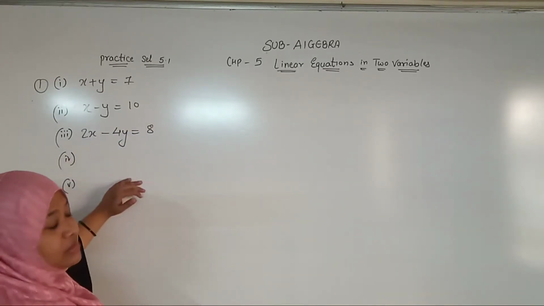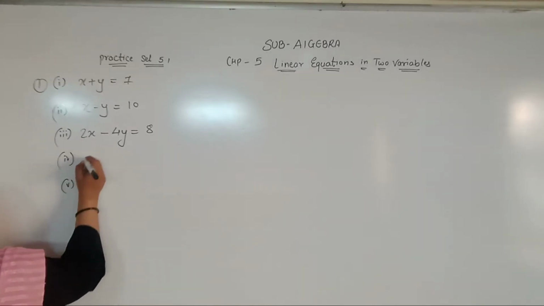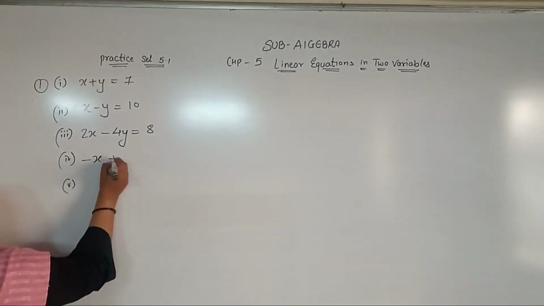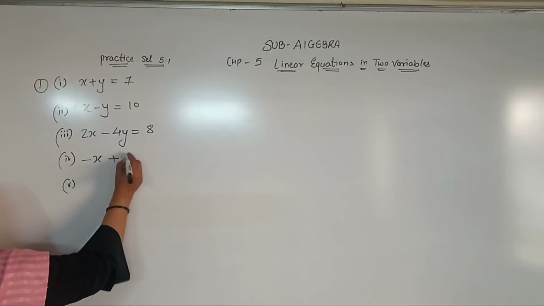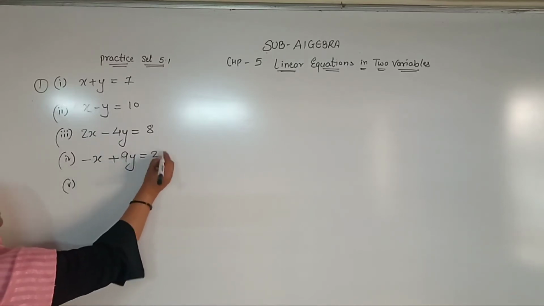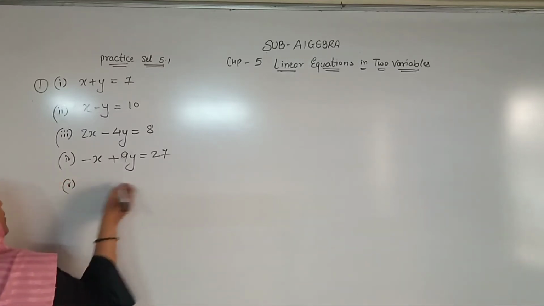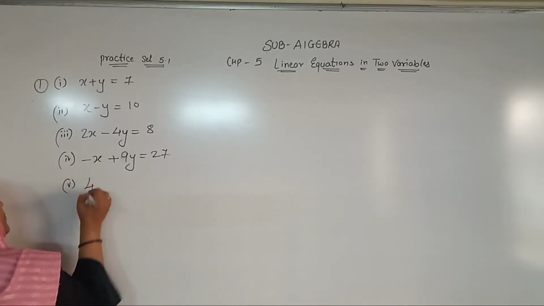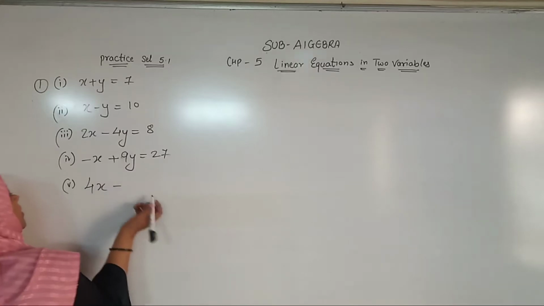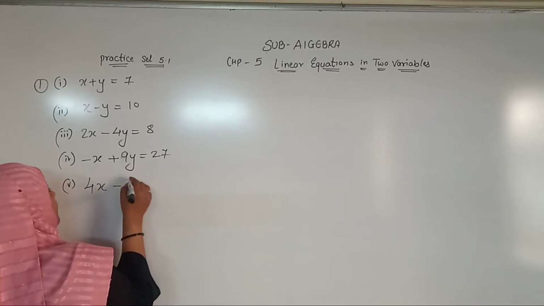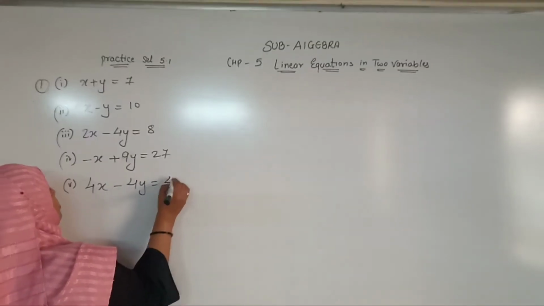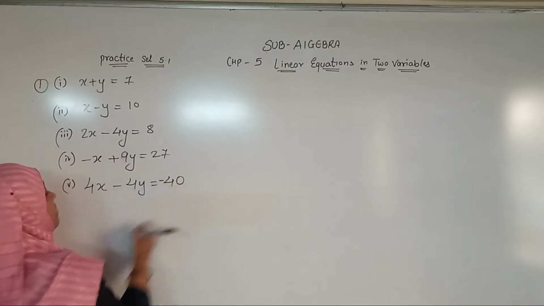You can take this also, or minus x plus 9y equals 27. Or you can take 4x minus 4y equals minus 40 also.